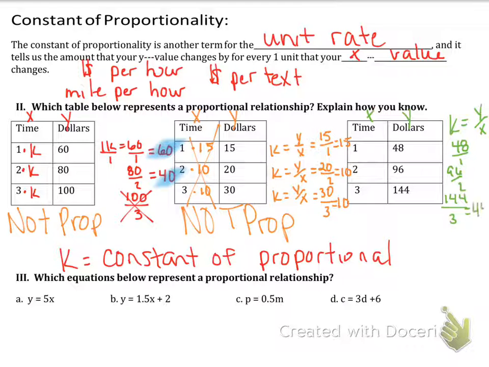Well, each time I divide those out, I get the same thing. That's our unit rate. So I'm multiplying by the same thing every single time. So it is proportional. The unit rate is $48 per hour.